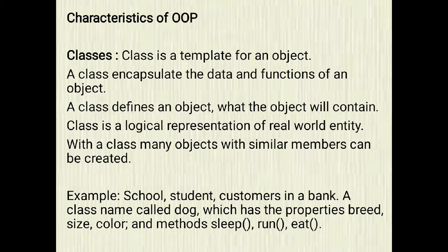Suppose a class name called dog. Dog here is a class name because the word dog is used to represent all the different dogs, different breeds of dogs. You have a short dog, you have a tall dog, different colors.